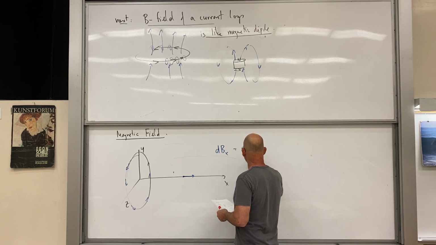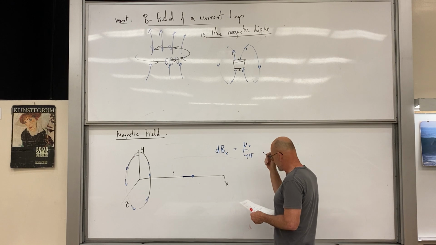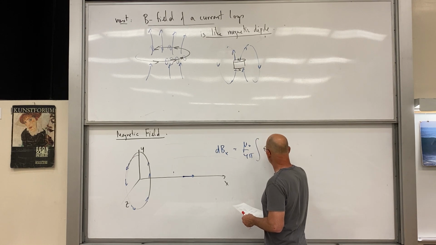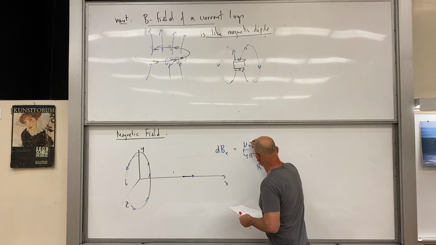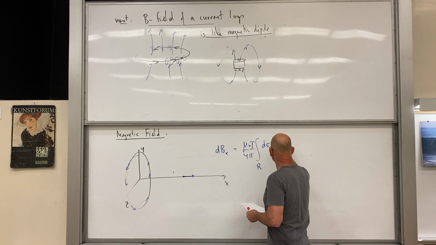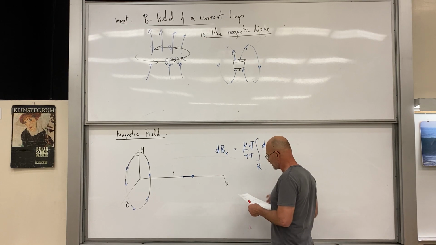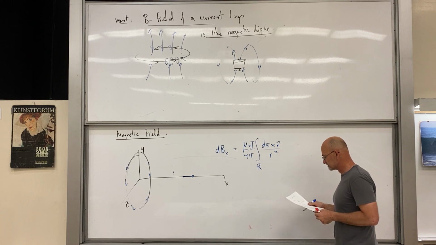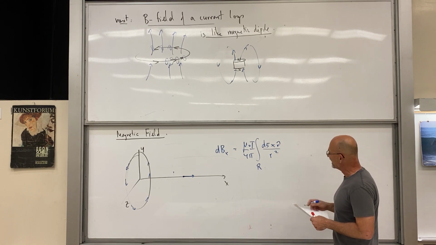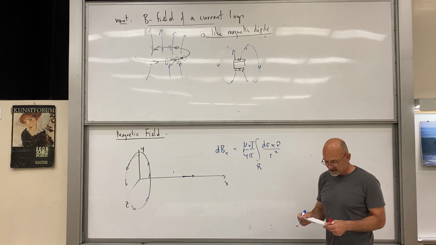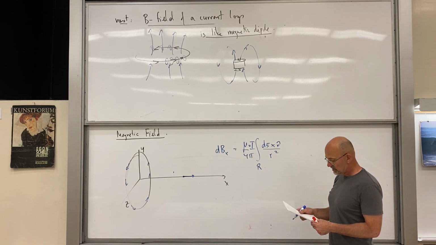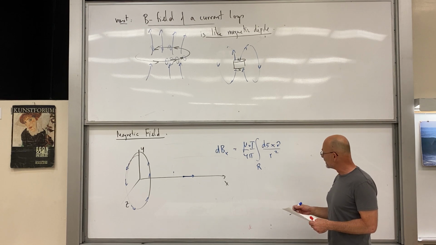We'll have the mu naught over 4 pi. We want to integrate this thing up. Integral, I'll just say the circle of radius r, ds. We'll pull the current out, of course. ds cross r hat over r squared. And again, I'm just going to go ahead and give the answer to this one and skip a page here, or go down to the bottom.